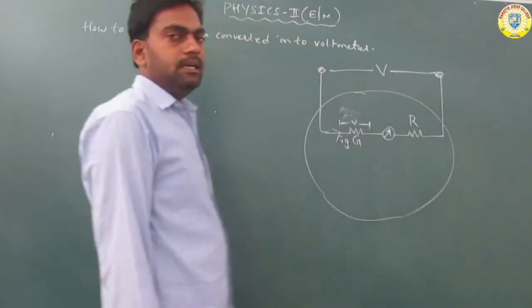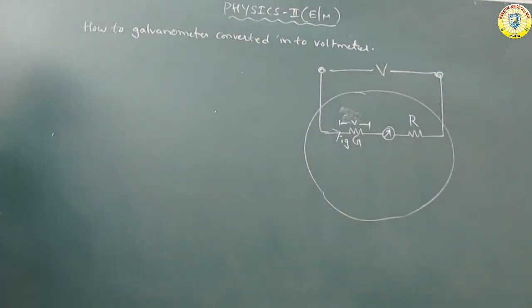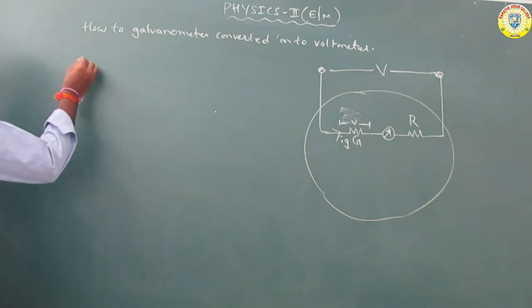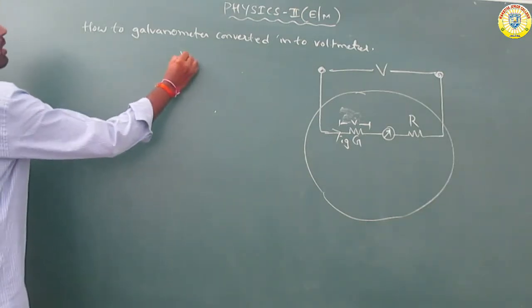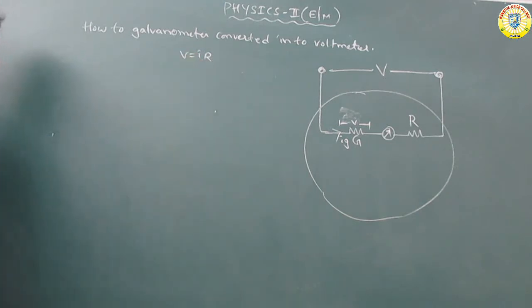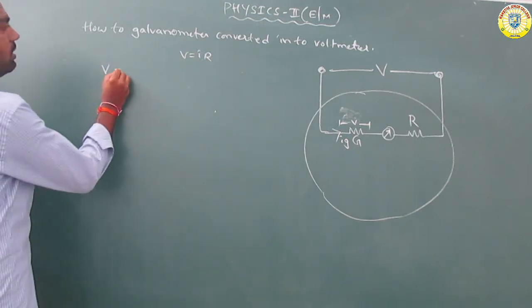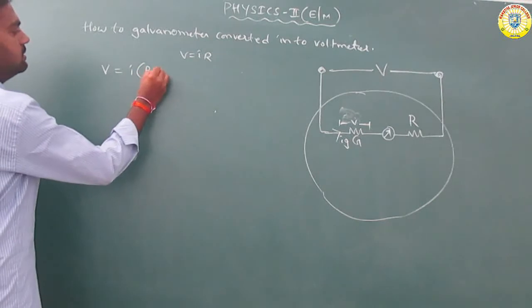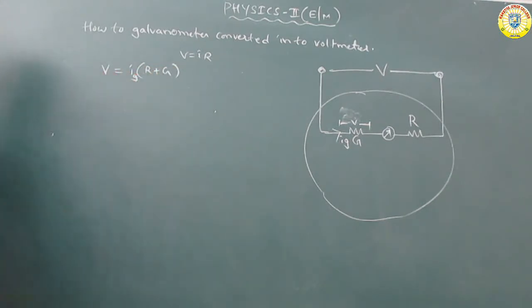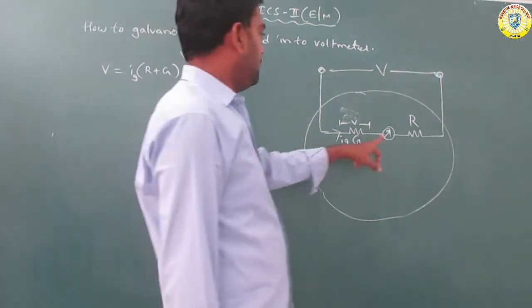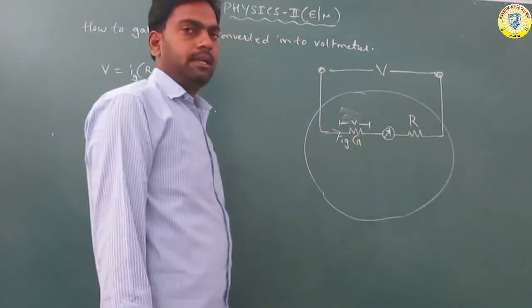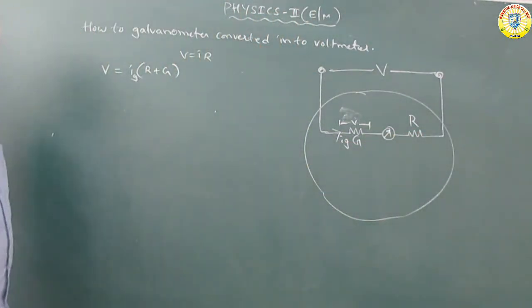The galvanometer is converted to a voltmeter. According to Ohm's law, V is equal to IR, but here V is equal to Ig into (R plus G).